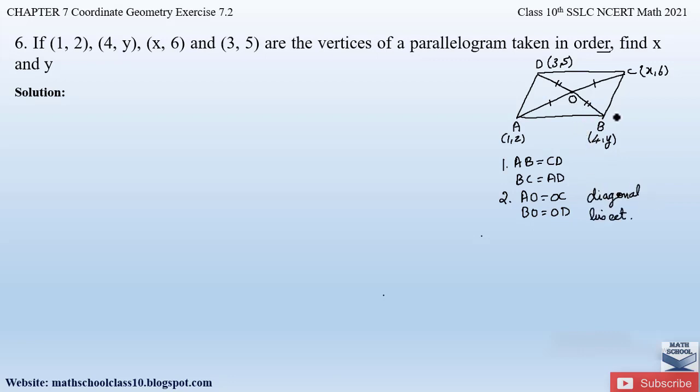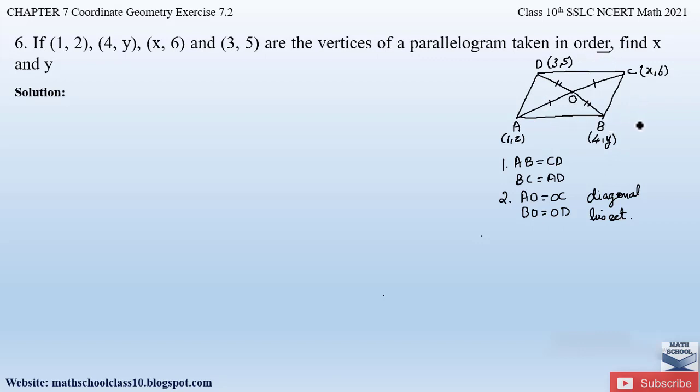Since we have 2 unknown values in the vertices of point B and point C, we have 2 formulas, that is the distance formula and the section formula. When you apply the distance formula to find the unknown values x and y by taking the sides AD and AB, it will still not be possible to find the values.